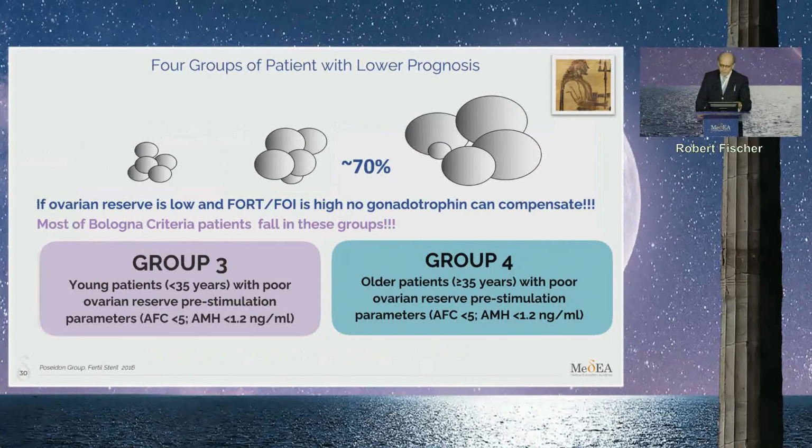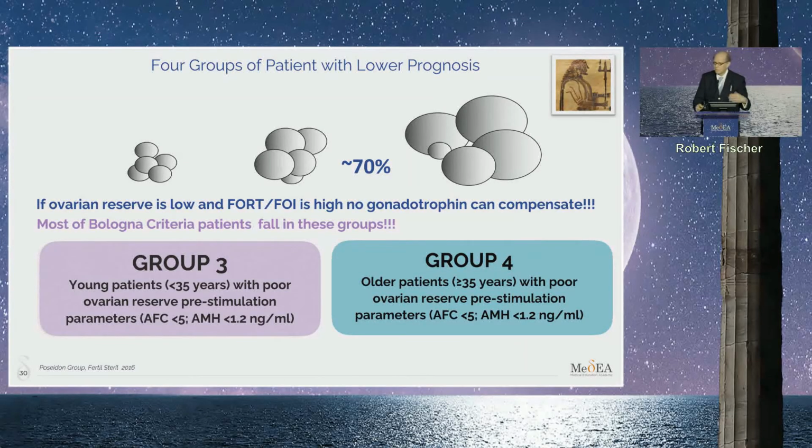Now, groups 3 and 4 are patients with low ovarian reserve, so they are expected to have a low number of oocytes, and it is not possible to increase it because the FOI or the FORT are normal. There are no gonadotropins or anything you can do to increase the number of oocytes which are not there.